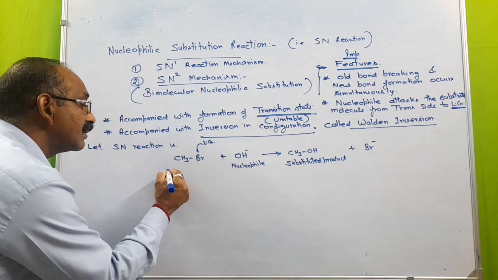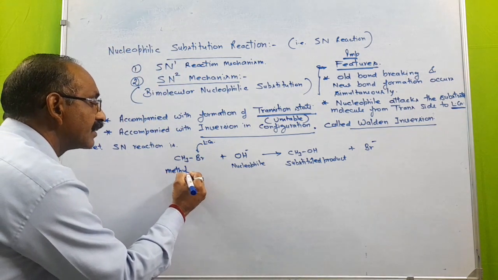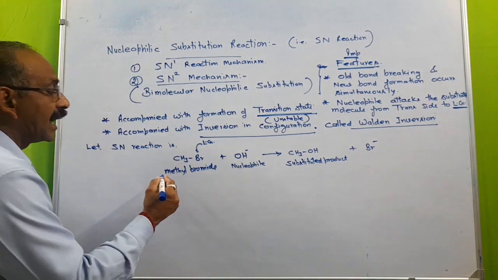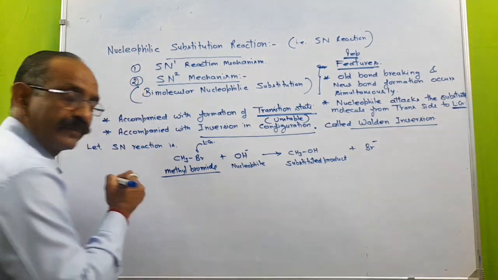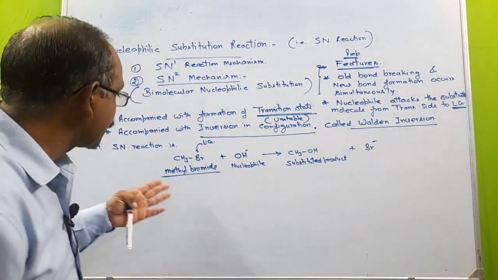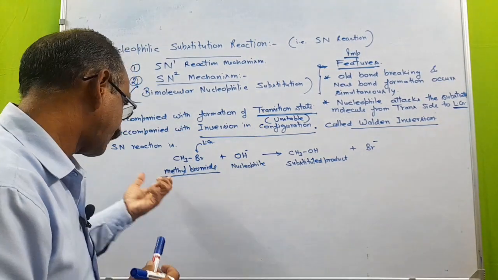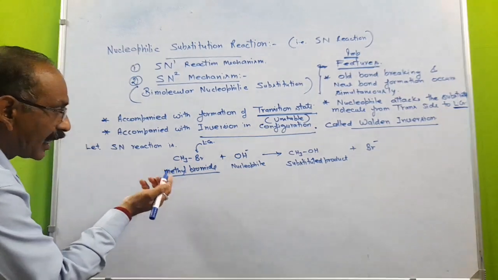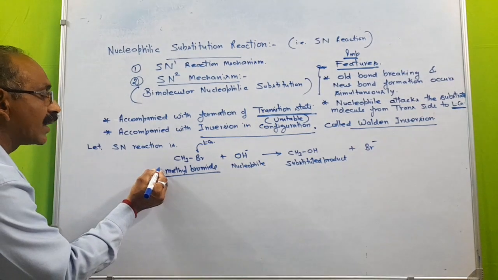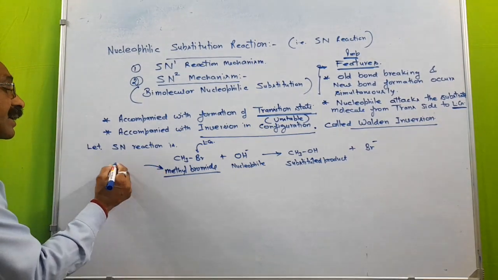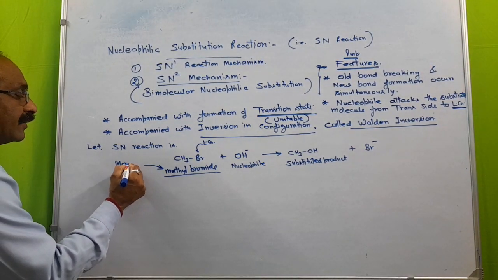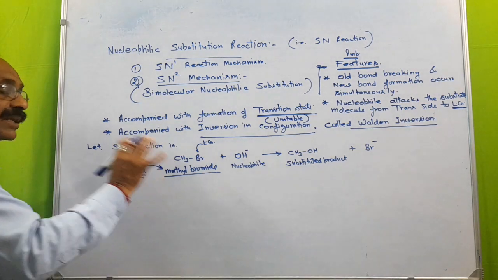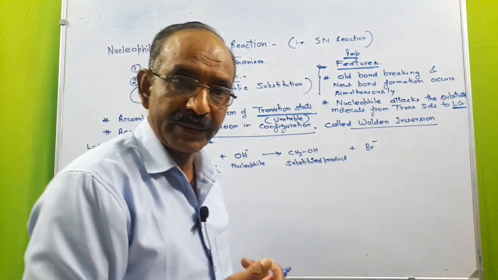I'm taking a methyl halide, or methyl bromide, as a substrate molecule because among alkyl halides, methyl halide is more reactive, and that's why I'm taking it as a substrate molecule.